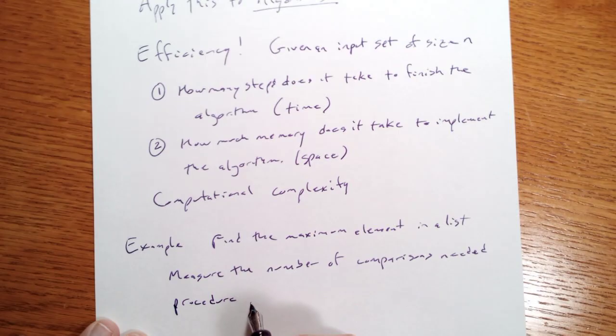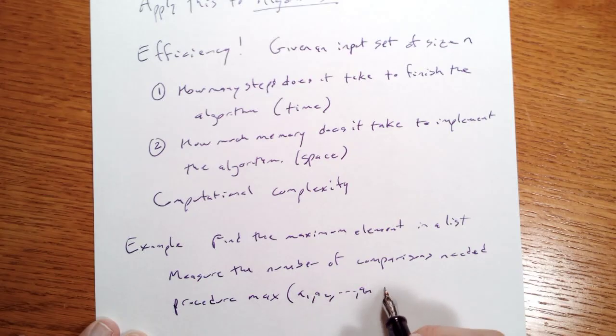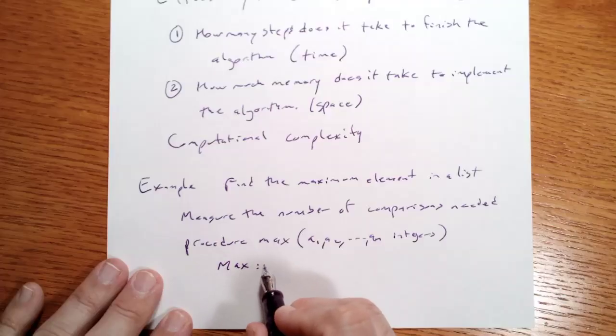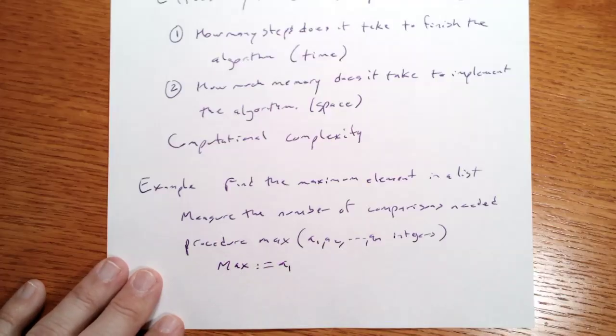procedure max. Here's my set of integers. We start by taking the first one and saying that's our biggest.